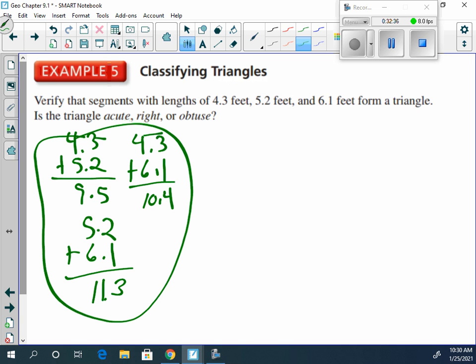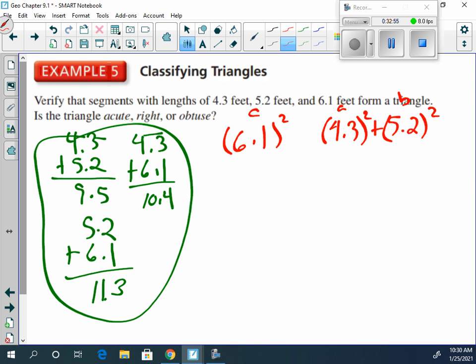Now we need to determine if it's right, acute, or obtuse. So what's c going to be? This is our c. Now a and b are going to be 4.3 and 5.2. And at this point, we just need to plug it into the calculator. 6.1 squared, if we type it in, is going to be 37.21.